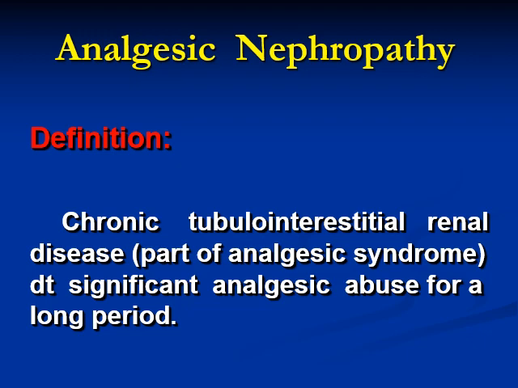For example, the gastrointestinal tract is affected in the form of dyspepsia, gastric ulcer, and relapsing pancreatitis. Hematologically, there is anemia and a palpable spleen. Cardiovascular manifestations include hypertension, premature atherosclerosis, coronary artery disease, cerebrovascular strokes, and peripheral vascular disease.